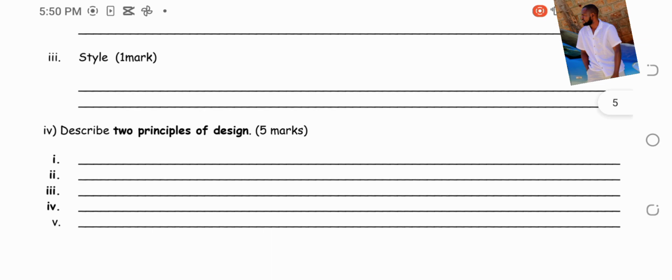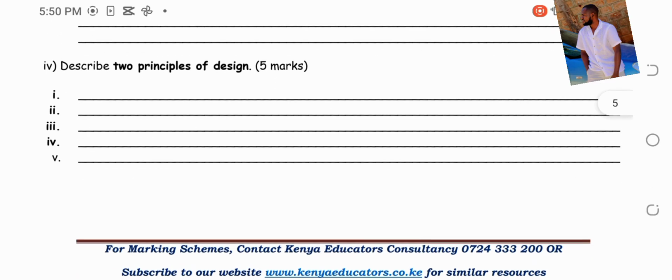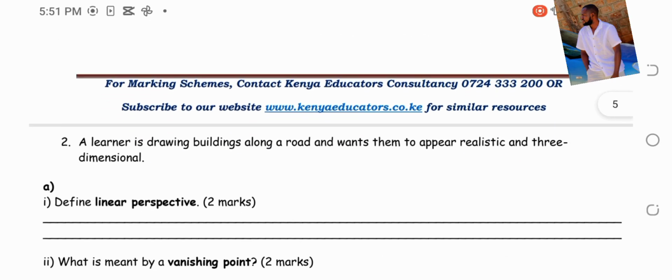Number four, it says, describe two principles of design. Principles of design, we have balance and contrast. And balance means equal distribution of visual weight. Then contrast is use of differences in light, darkness, big or small. Number five we don't have, so we go direct to number two.